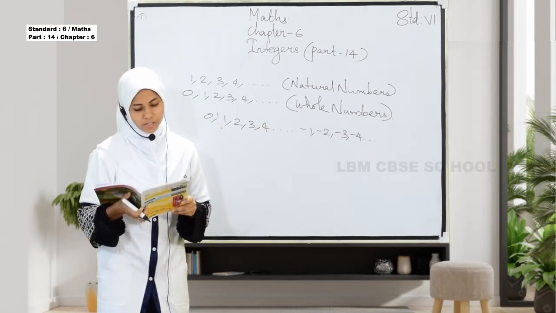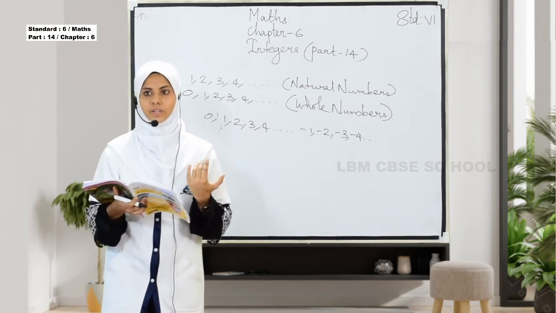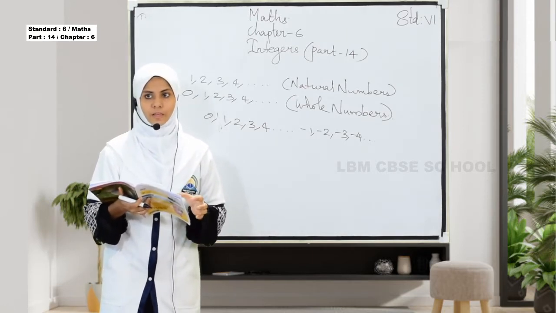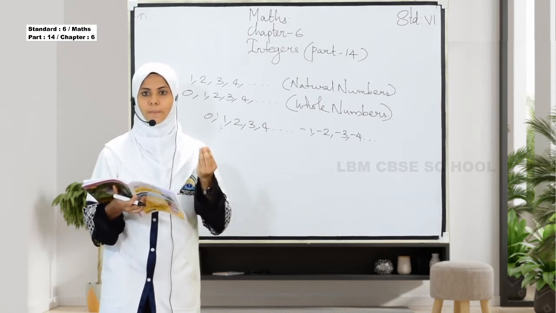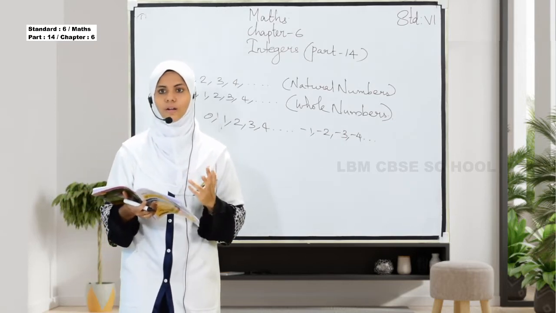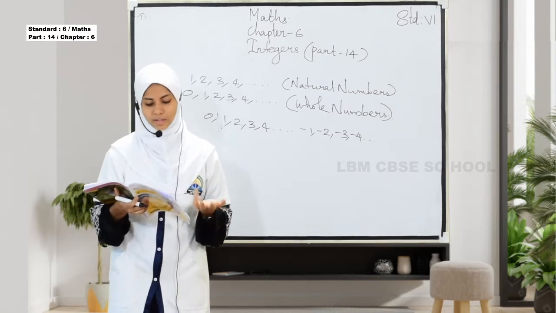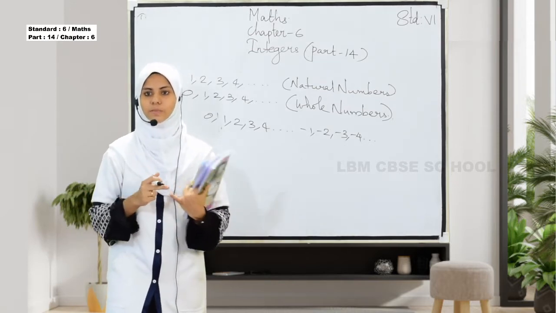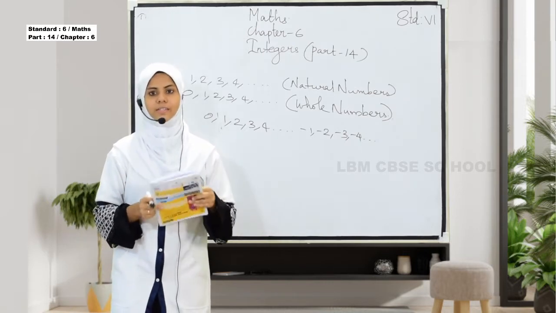Then the definition of integers is that integers are the collection of numbers, that is -4, -3, -2, -1, 0, 1, 2, 3, 4, etc. is called integers. And we have two types of integers also, that is positive integer and negative integer.